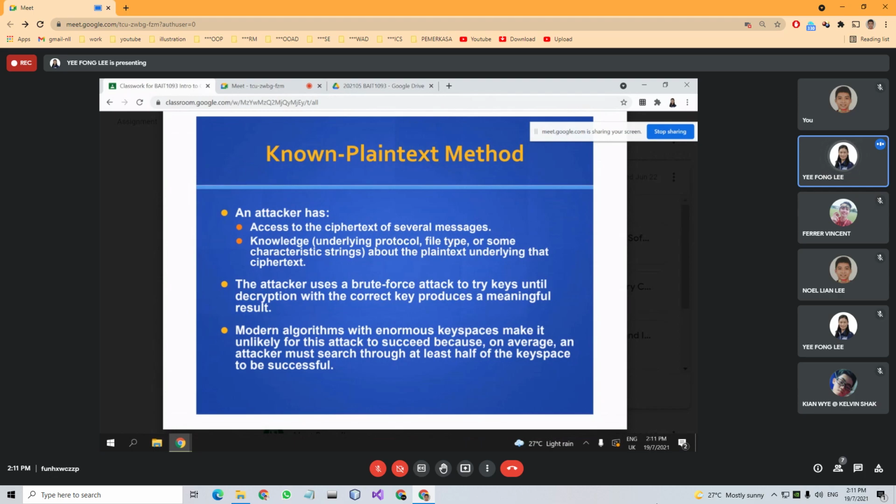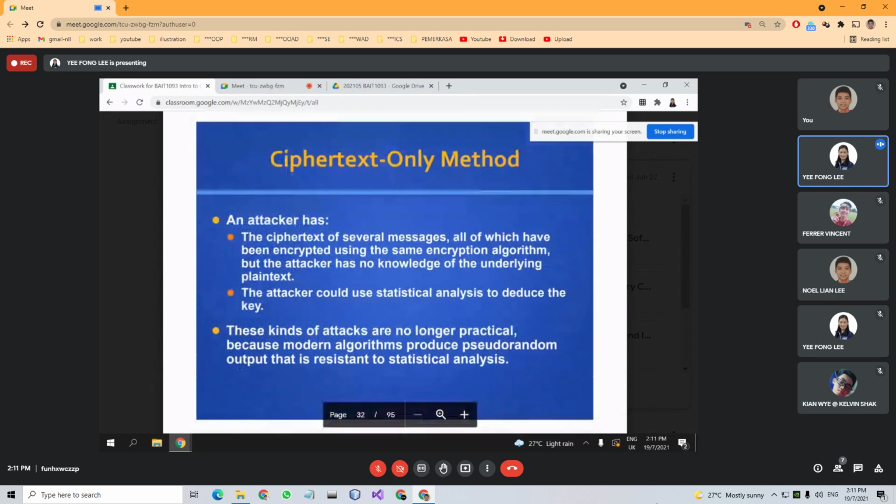They are trying to deduce the key used to encrypt the messages, or the algorithm used to decrypt any new messages with the same key. So just now we had ciphertext only.